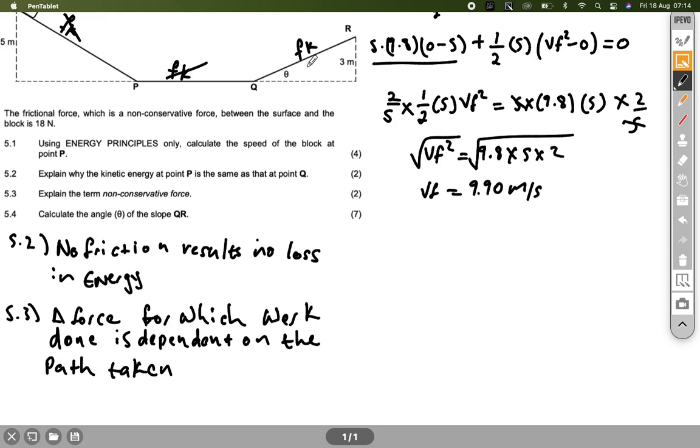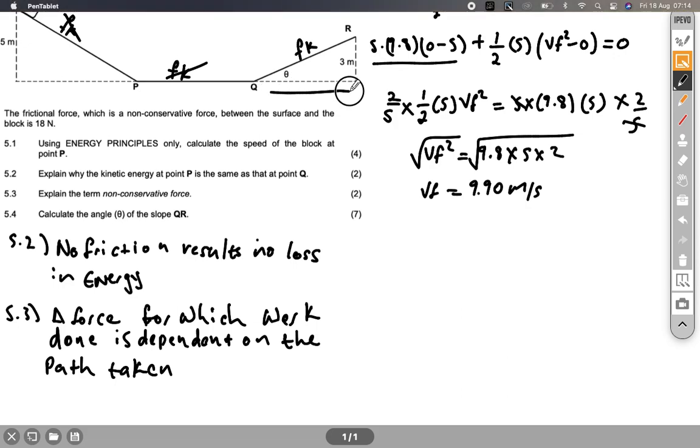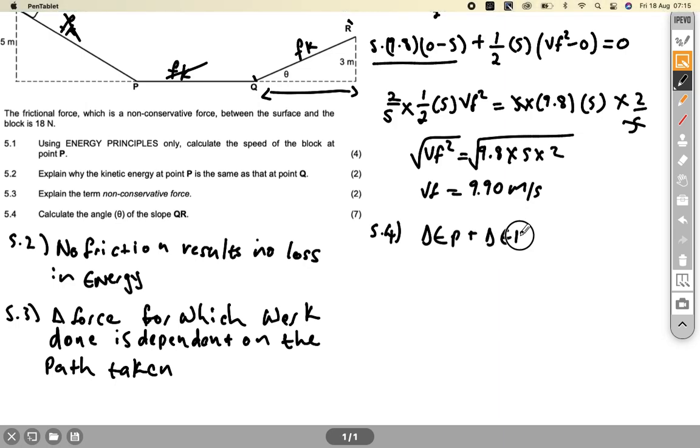Okay, so to calculate the angle, we should know from math that we're going to need to use trig ratios. So either we need to get this distance or the distance QR. And I think getting QR would be much easier. So we would apply the first formula we applied, whereby change in potential energy plus change in kinetic energy is equal to the work done by a non-conservative force.